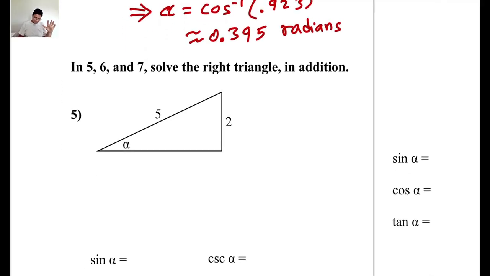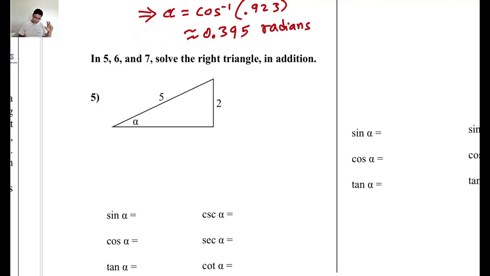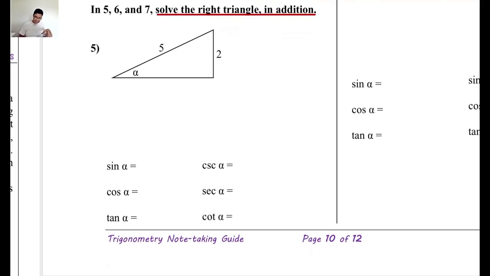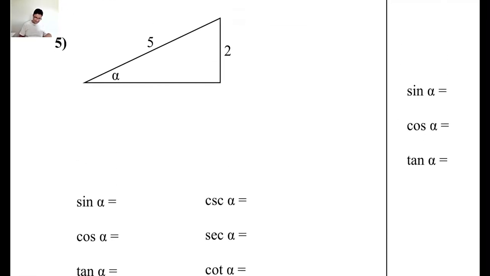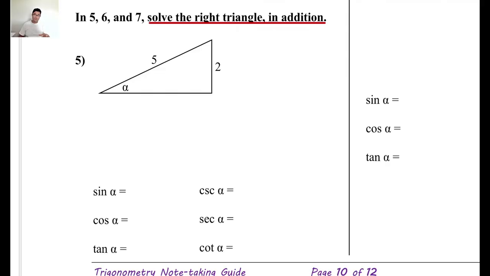Now, in the next set of questions, I said, solve the right triangle in addition. So what it means is you are asked to evaluate all these sine alpha, cos alpha for that triangle. But we said you could do that without doing any extra work on the triangle, just by trigonometric formulas.